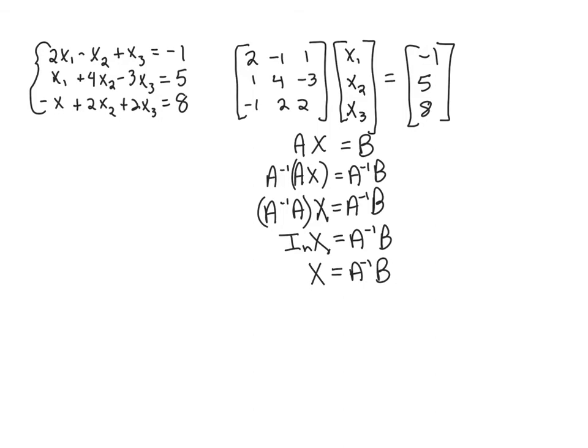We multiply a 3 by 3 by a 3 by 1, and we're going to get a 3 by 1. So you see that the column matrix with the variables will equal a new column matrix, and we can match up because they're exactly the same. Then we can say x1 equals the top entry, x2 is the next one, and x3 is the bottom. So that's the way you use an inverse matrix to solve a system.